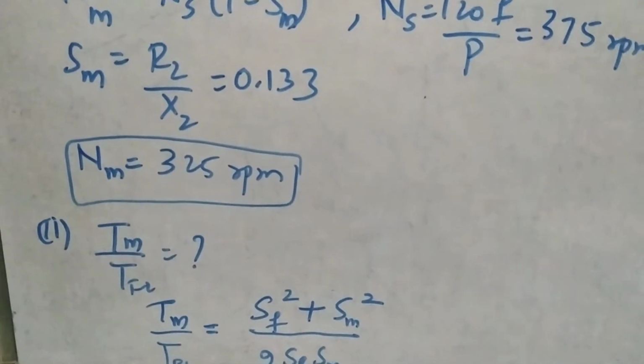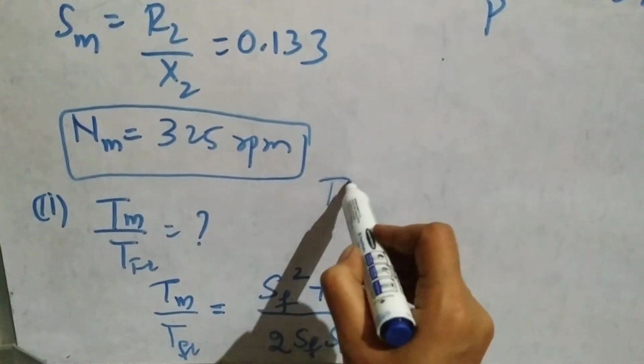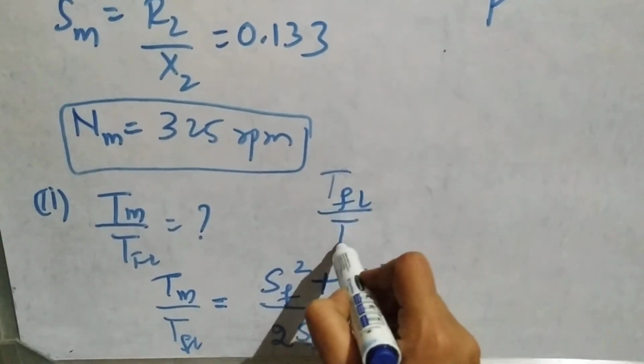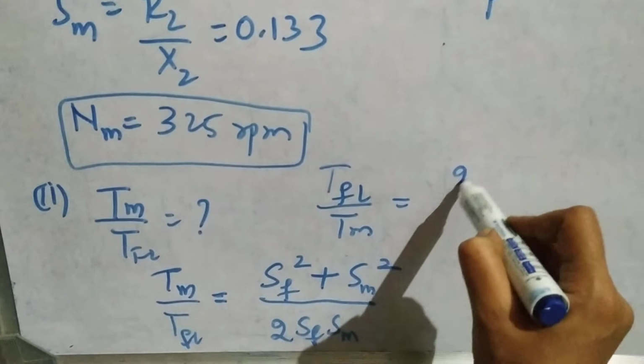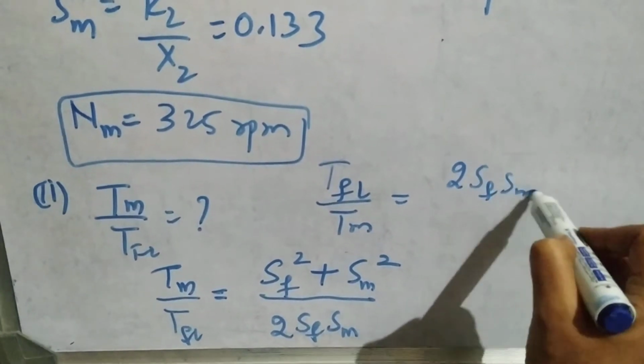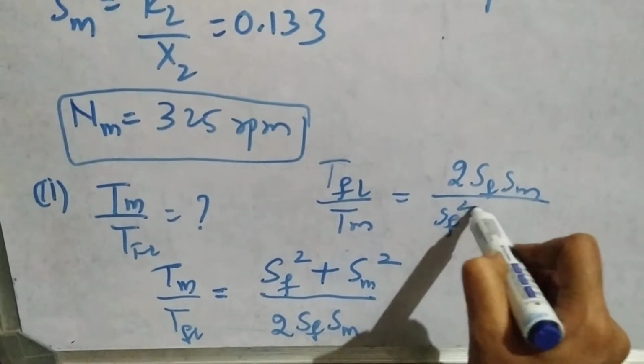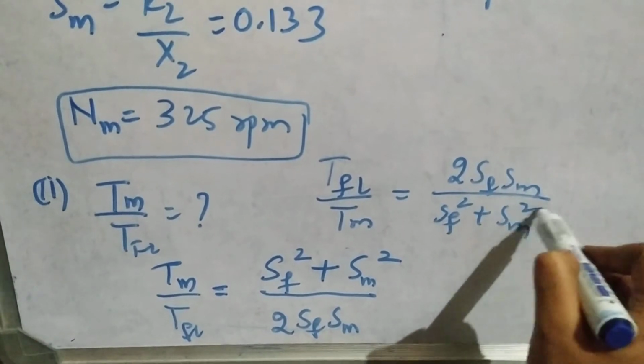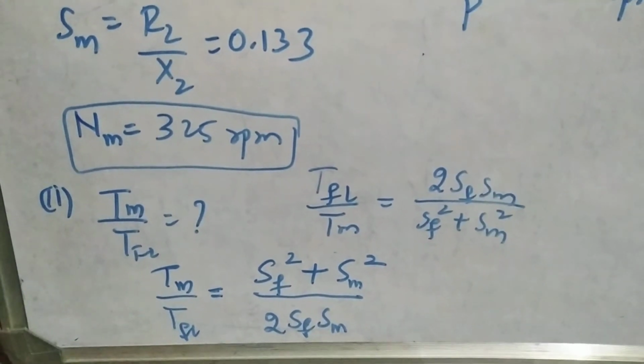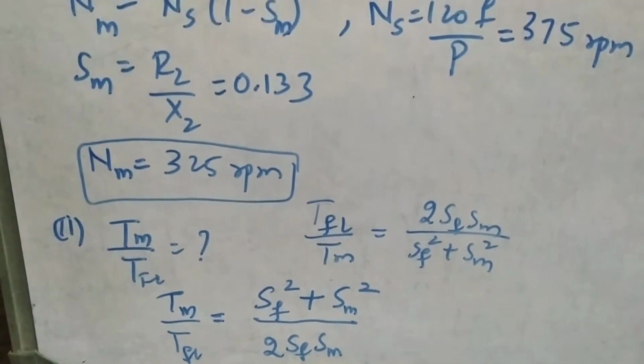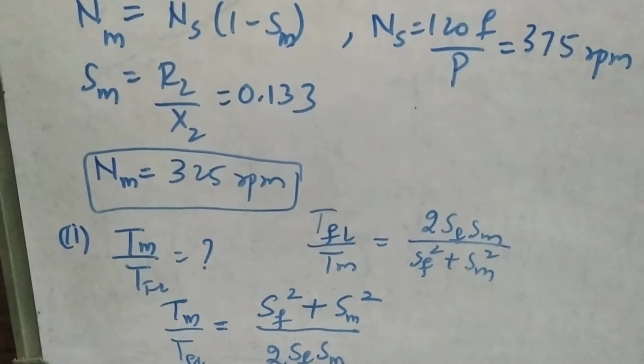TFL divided by Tm we have derived as 2 Sf Sm divided by (Sf square plus Sm square), but I want it as Tm by Tfl. So we need to find out the slip value.